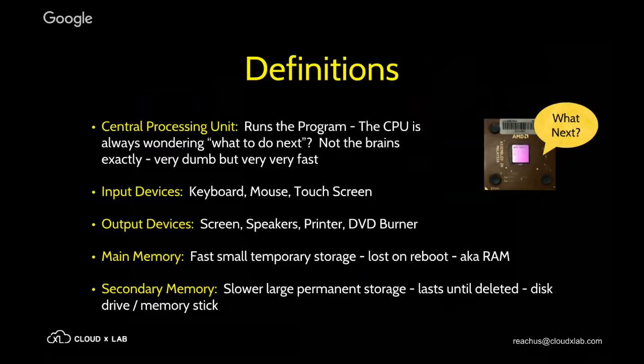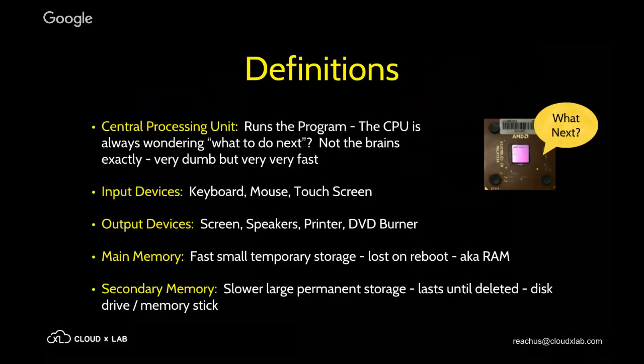Whatever the code we write, it gets converted into the binary code, like zeros and ones, and that's what CPU processes. So the input devices such as keyboard, mouse, and touch screens are also there. The examples of output devices are screen, speakers, printers, DVD burners, and so on.